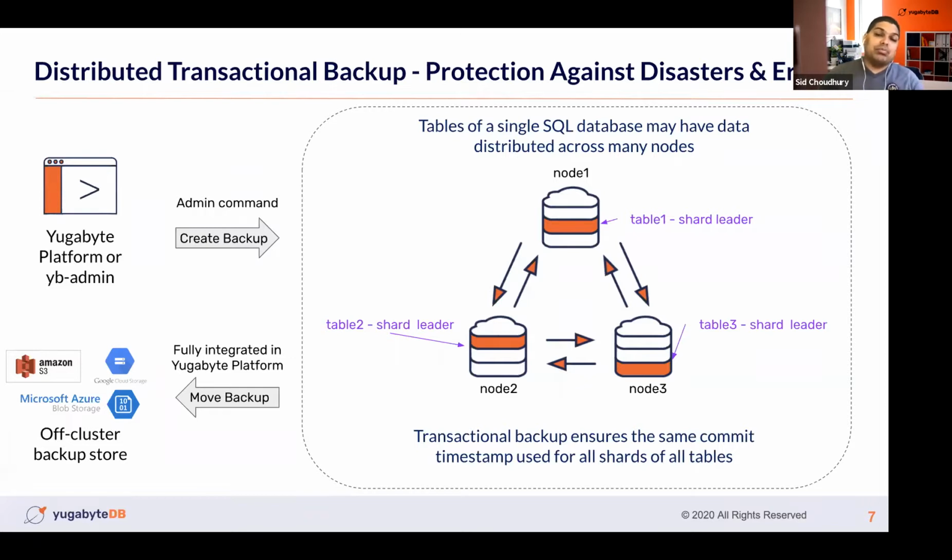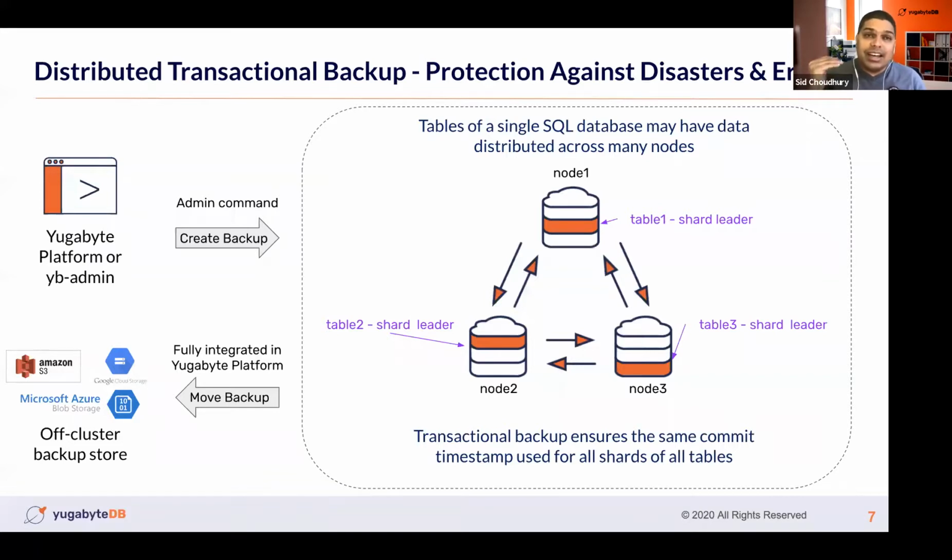distributed across multiple nodes. For example, here in a single database, there is table 1, table 2, table 3, and they have n shards each, and each of those shards can be located in some of the nodes.